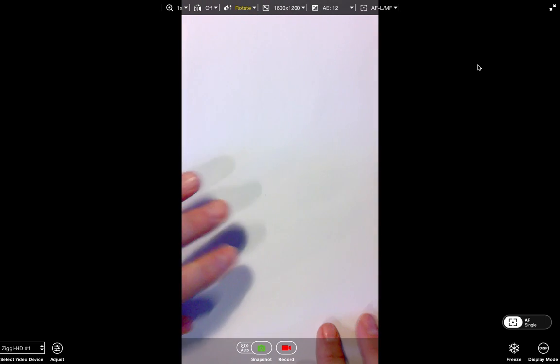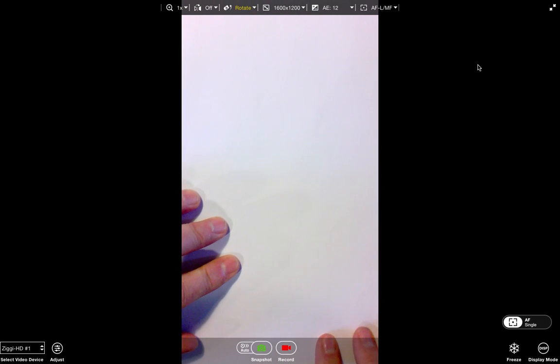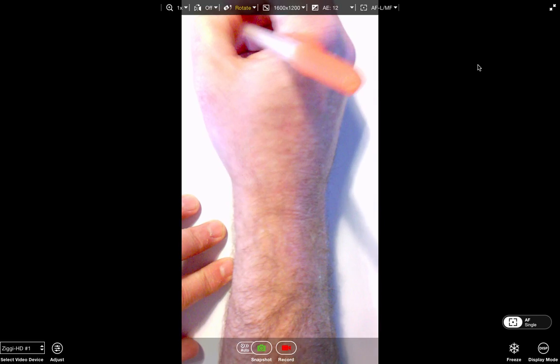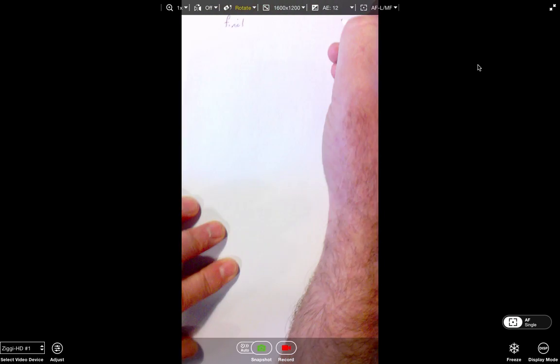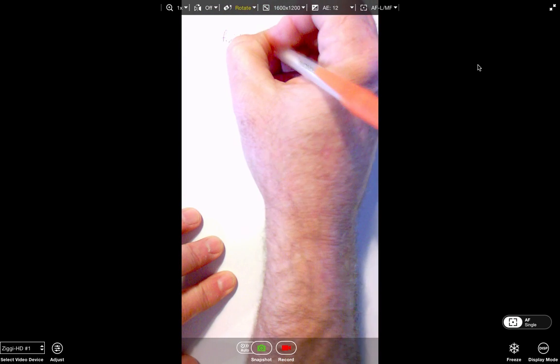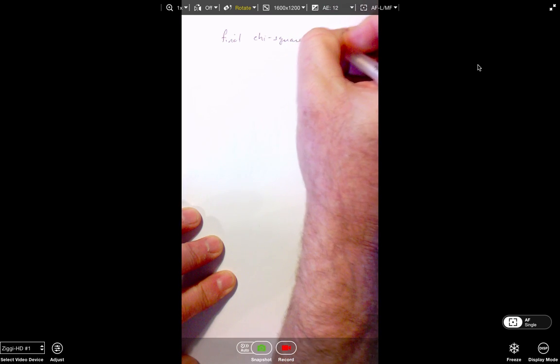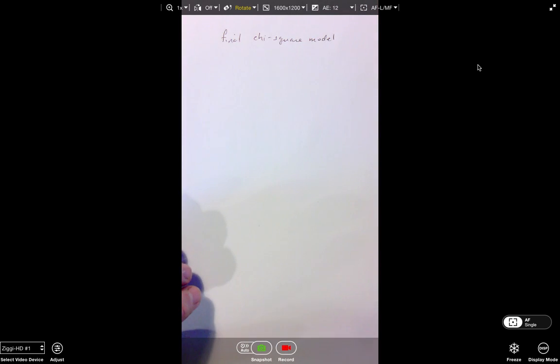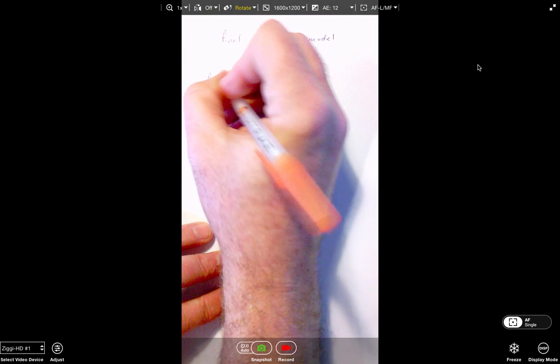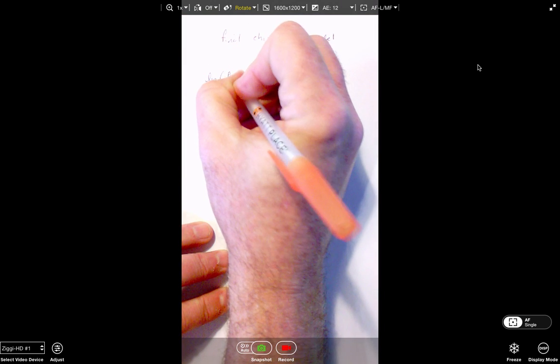So guys, at the end of the day, I would end up with a final chi-square model in linear form as the natural log of the observed.